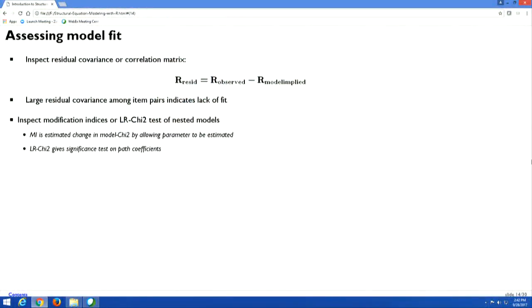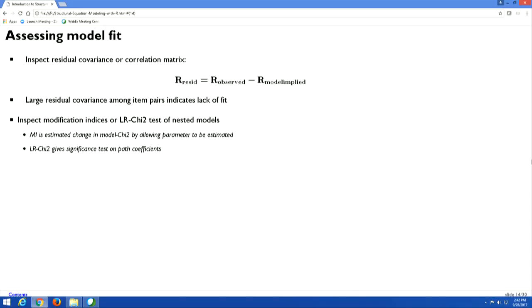I would never encourage anyone to rely just on the global model fit measures, because you can have a good fitting model based on these summary measures, but still have important residual correlations that are meaningful in your area of research that you want to interpret or maybe want to address in some way.